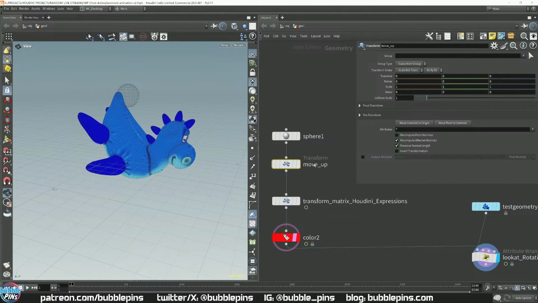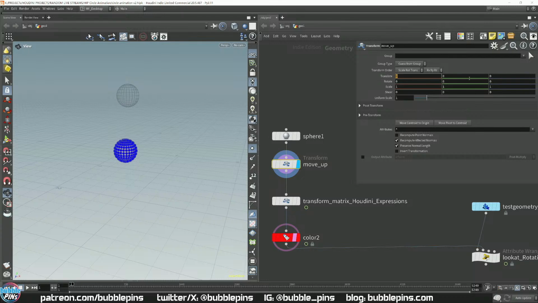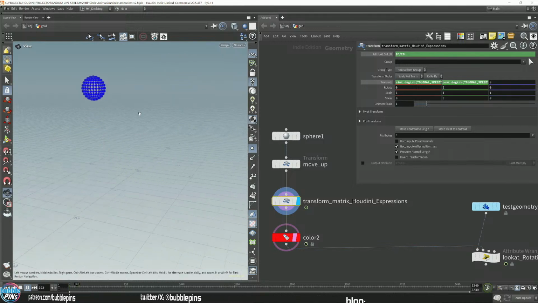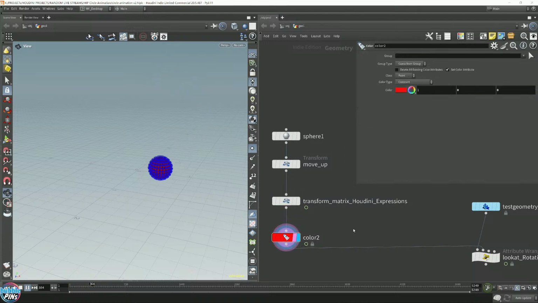Move up. I'm gonna move it up by 1. So here's where the sphere sits. And then we're gonna move it up. And then now it's rotating around this pivot point over here that's in the middle, but it's always on the positive. It's all positive, just to make things much easier.